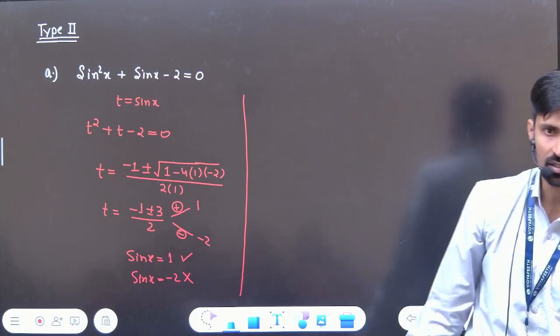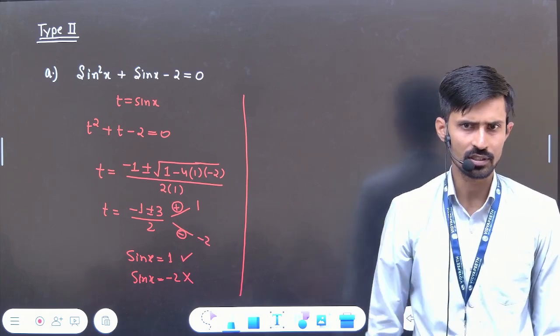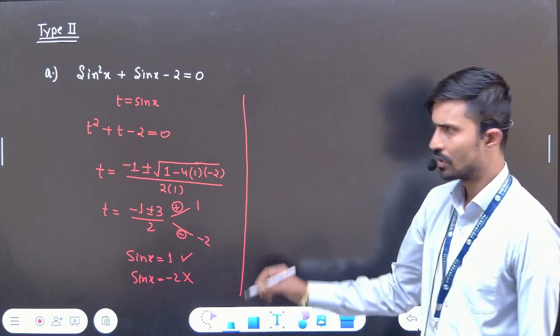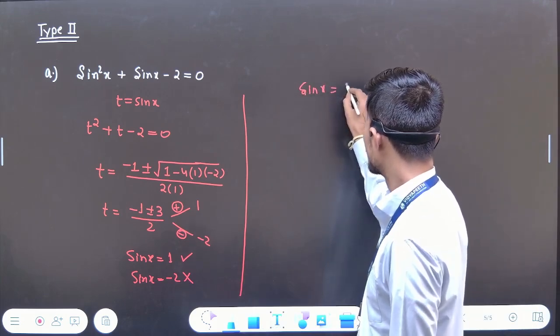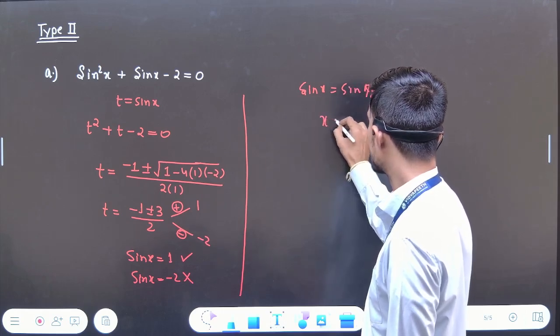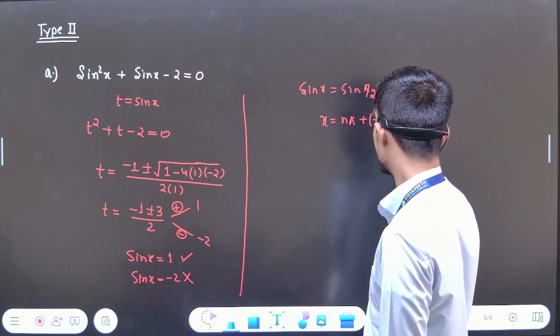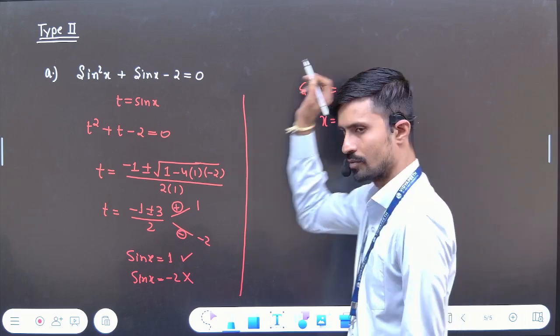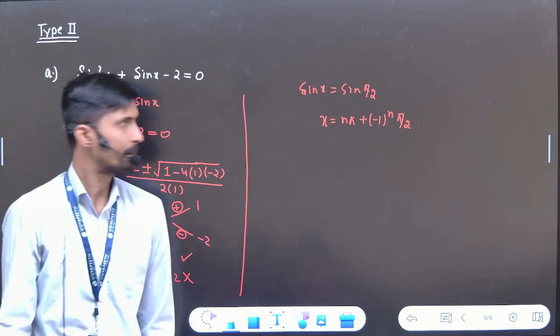After that, you can find, suppose the angle is between 0 to 360 degrees. Sin x equals 1, and you can write 1 as sin pi by 2. So x equals n pi plus minus 1 raised to n, pi by 2. Okay, this is the general solution.